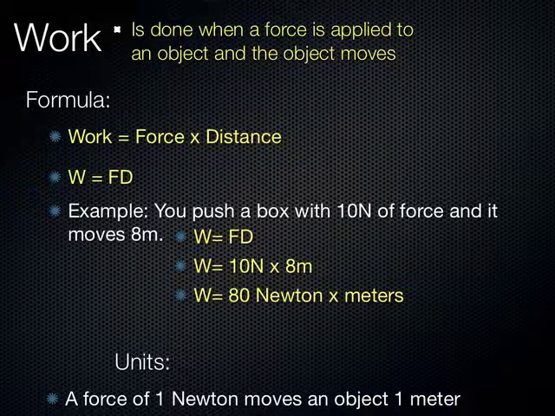Again, we're newtons times meters, not per meter, not slash meter. But we also have an abbreviated unit. 1 newton meter is called a joule. So in this case, we've done 80 joules of work.